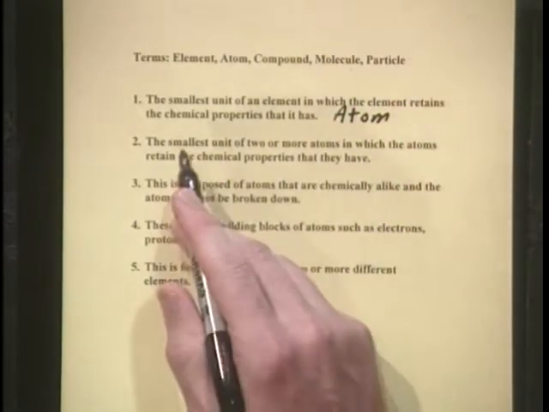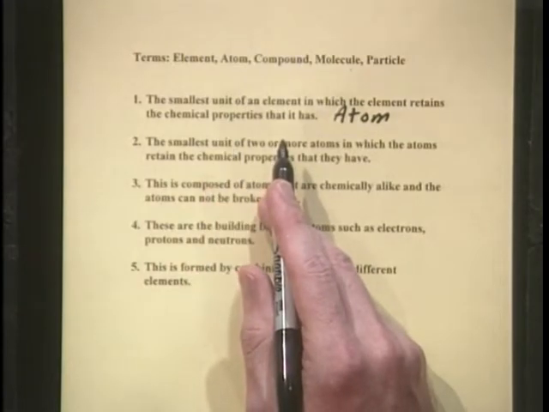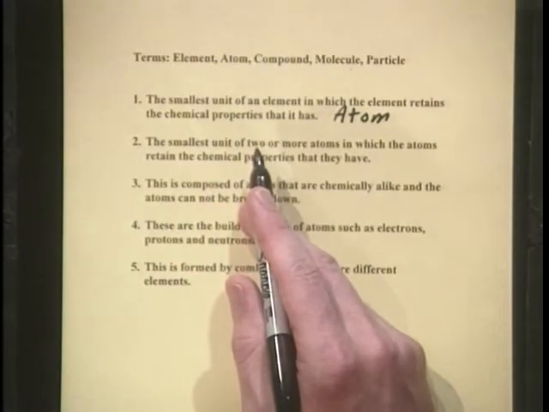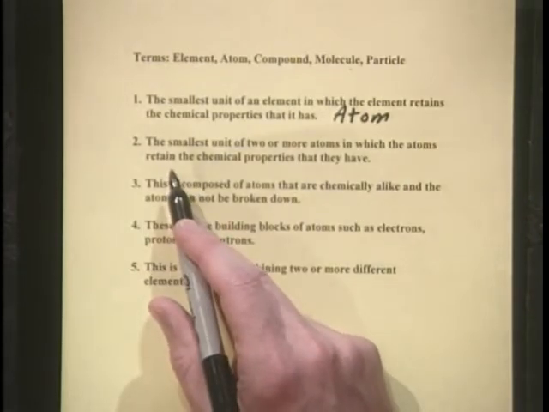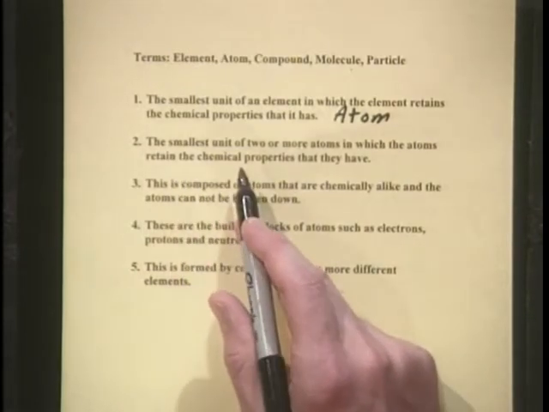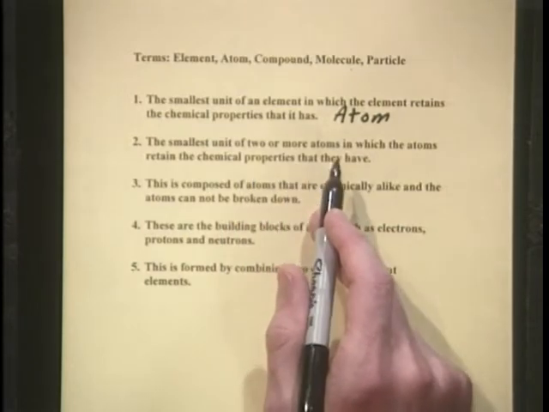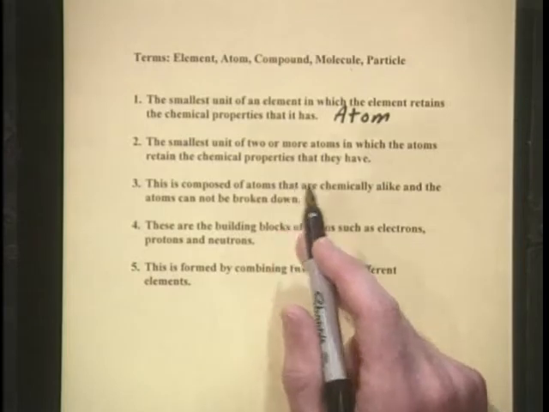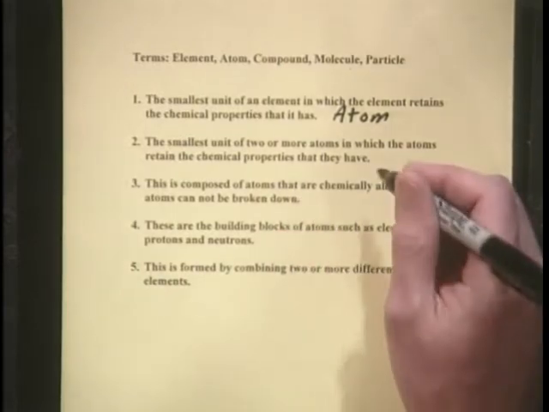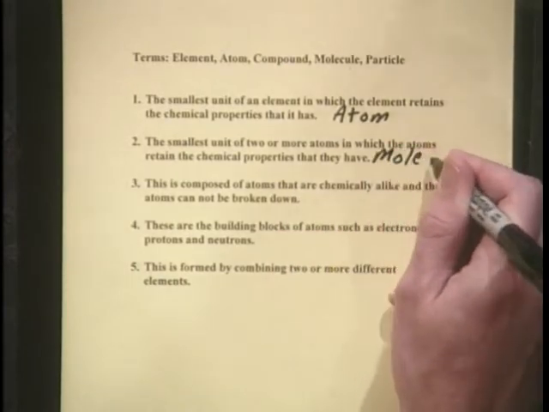Number 2 says the smallest unit of 2 or more atoms in which the atoms retain the chemical properties that they have. The answer to that one is a molecule.